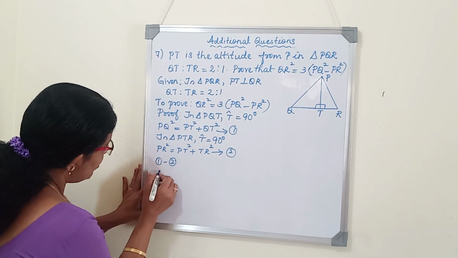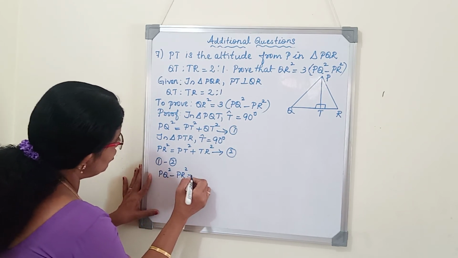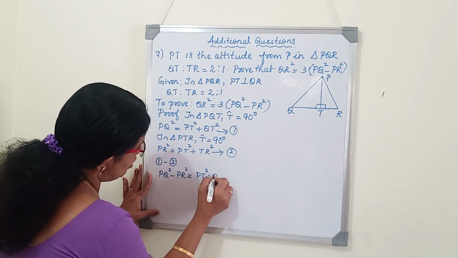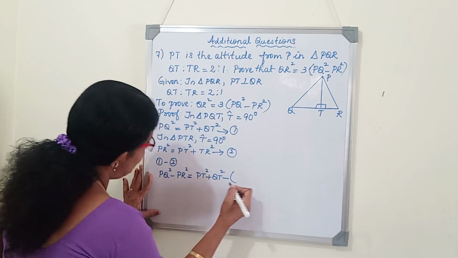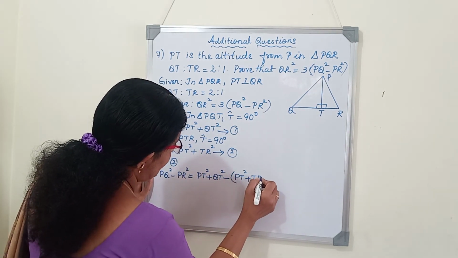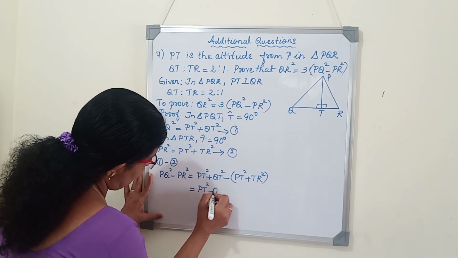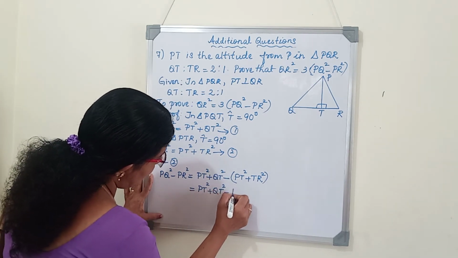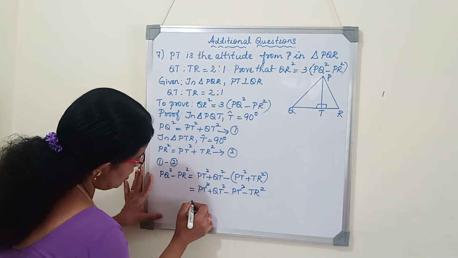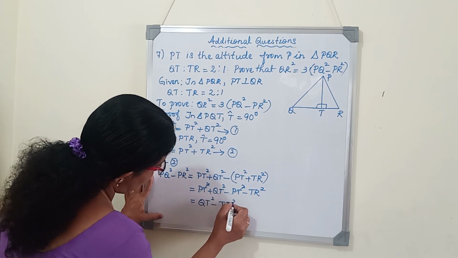So, we will get PQ square minus PR square is equal to first equation RHS, PT square plus QT square, minus bracket PT square plus TR square. Open the bracket. PT square plus QT square minus PT square minus TR square. PT square will cancel and we will get finally QT square minus TR square.